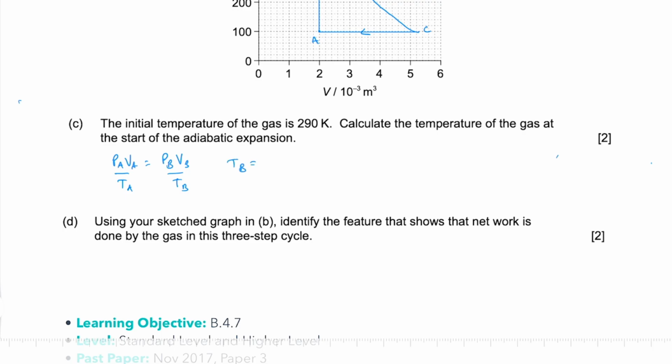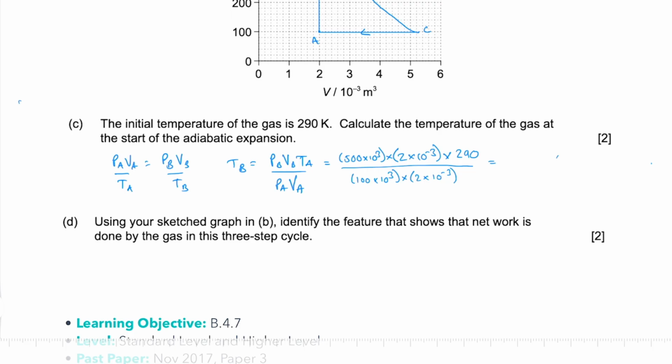So TB is equal to PbVb TA over PaVa. And we're going to pop all our data into there. And that brings us down to 5 times 290, which gives us a value of 1450 Kelvin.